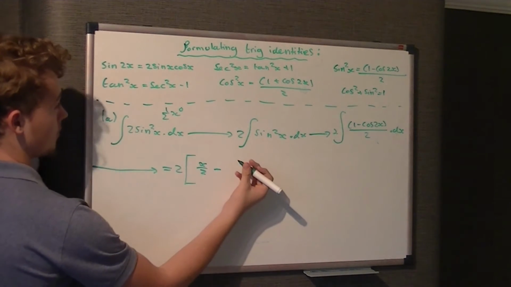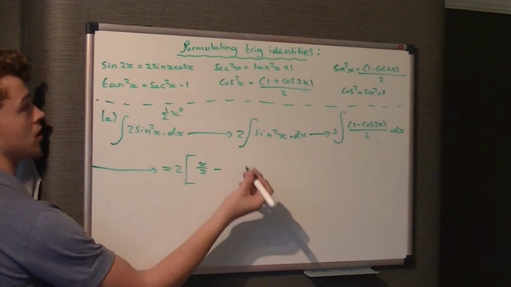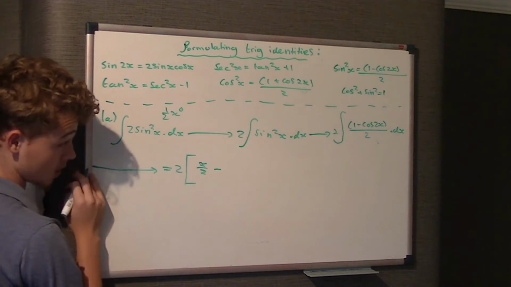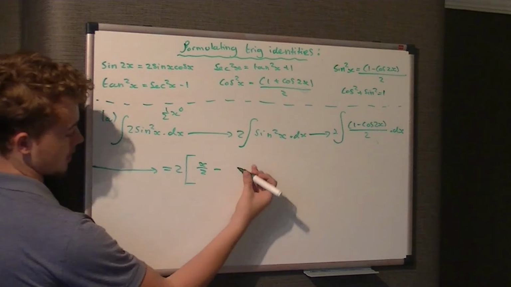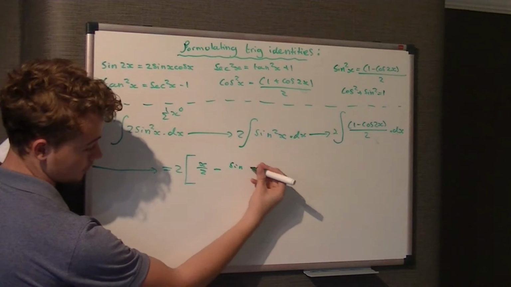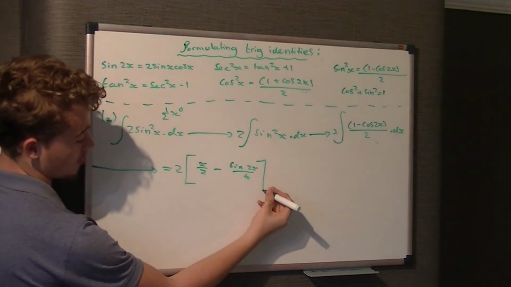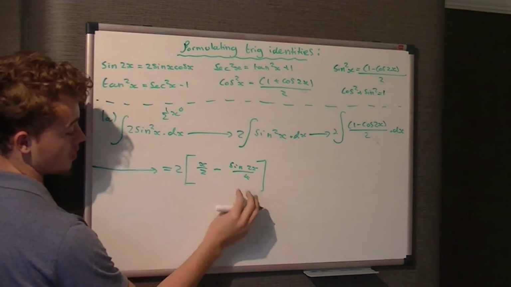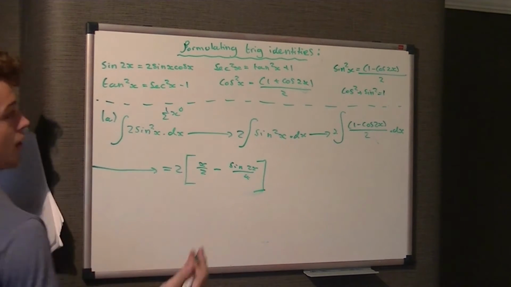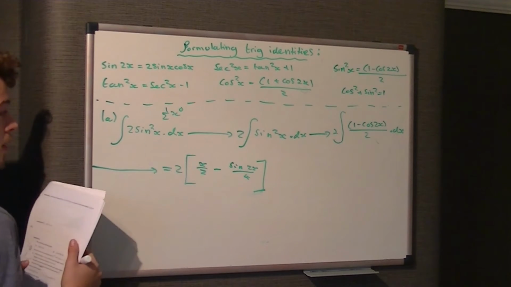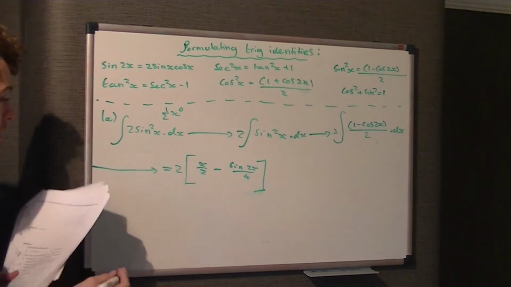And then negative cos 2x would be negative sine 2x over 2. Because we're already over 2, it's negative sine 2x over 4, because we're dividing a half by 2, if that makes sense, which doubles the denominator. But as I said, hopefully that's fairly simple.